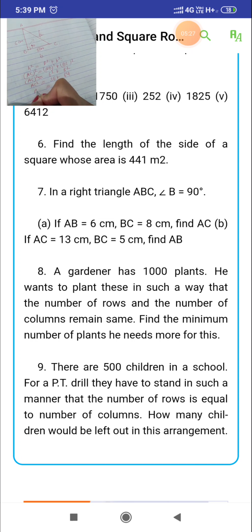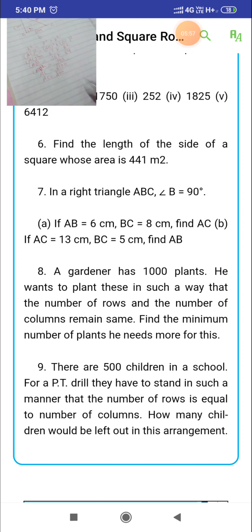So AC square is 100. Now we have to find the value of AC, not AC square. For this we transfer this square from the left side to the right side, and it converts into square root, and we have AC is equal to square root of 100.